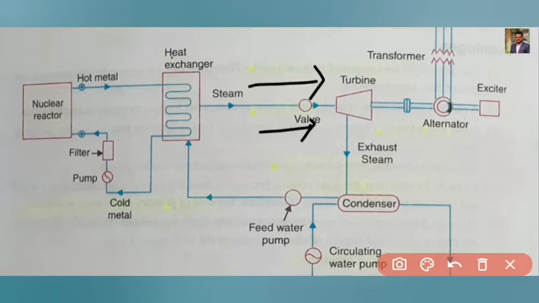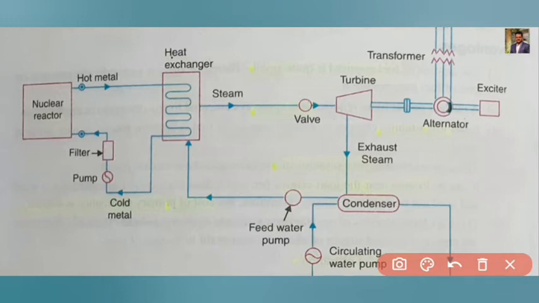When the steam energy is converted to mechanical energy, in the alternator the mechanical energy is converted to electrical energy.